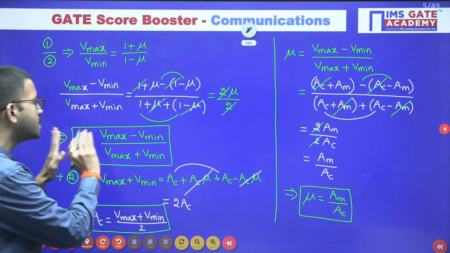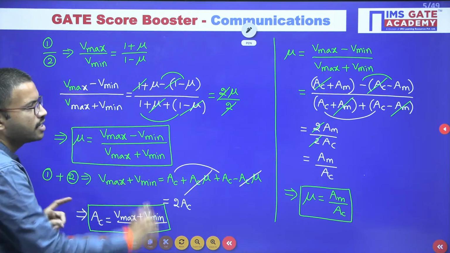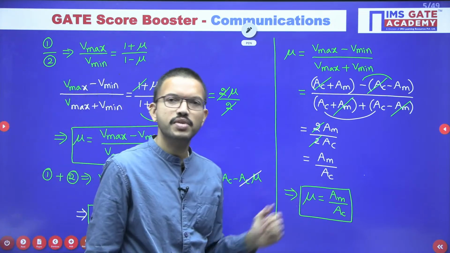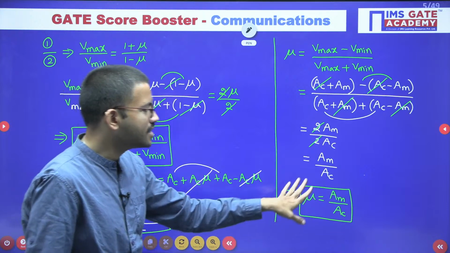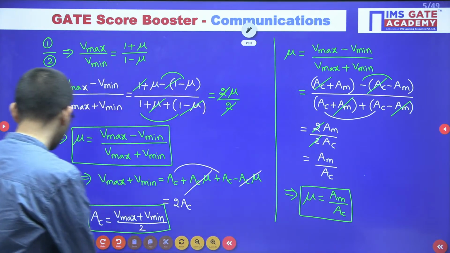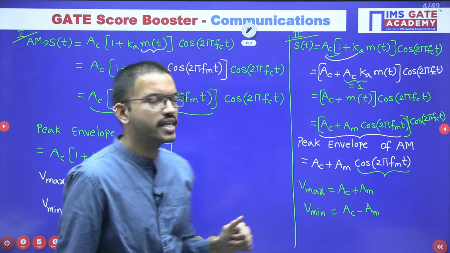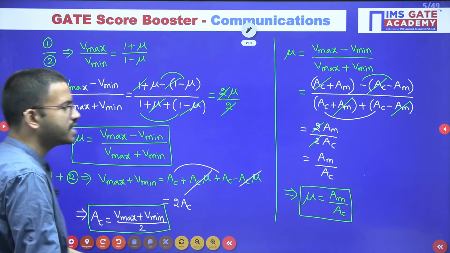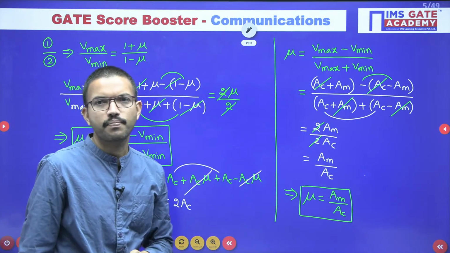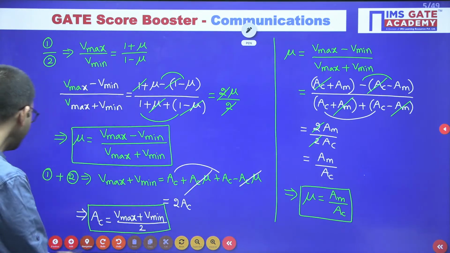But in general, the modulation index formula is this one. This is the special case. So you are getting this derived formula whenever this assumption is true. Whenever this assumption is given, like AC into Ka equal to 1, that time we can use the modulation index as AM by AC. Okay, I hope it is clear.